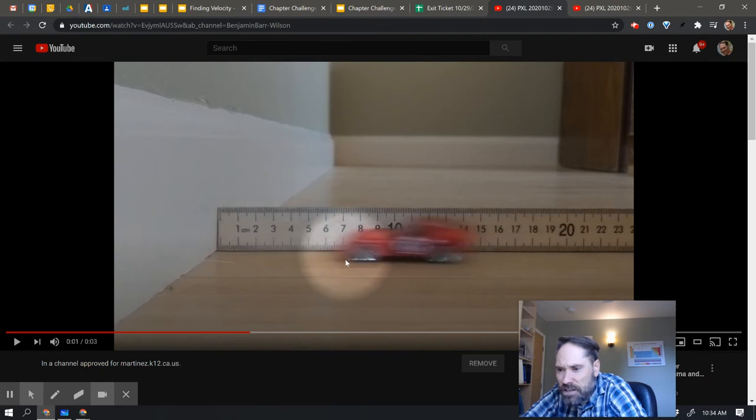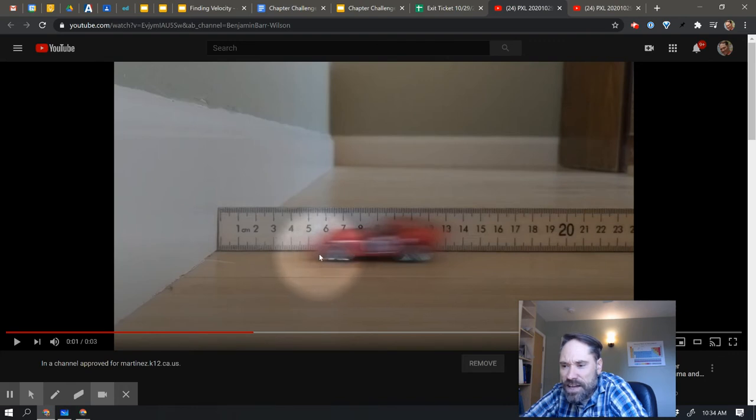I'm going to take it to the front of the shininess here, which, if I'm making approximations, this isn't going to be perfect, but I'm going to say that's at about the 7 centimeter mark. If I move forward one frame, that bit of shininess is now somewhere about 5.5. So it was at the 7 centimeter mark, and now it's at 5.5, approximately.